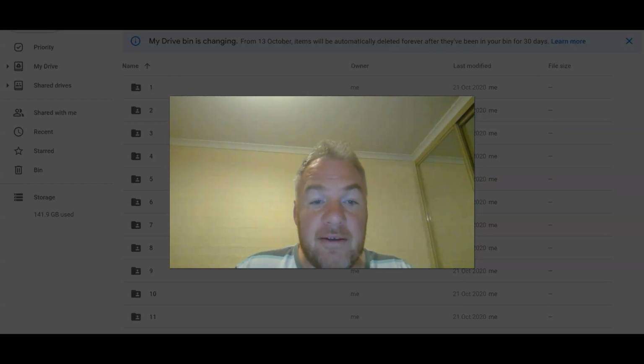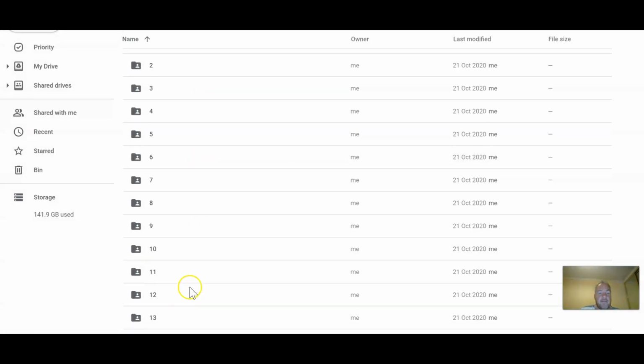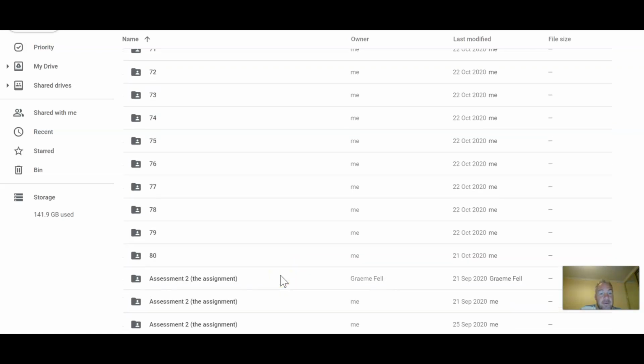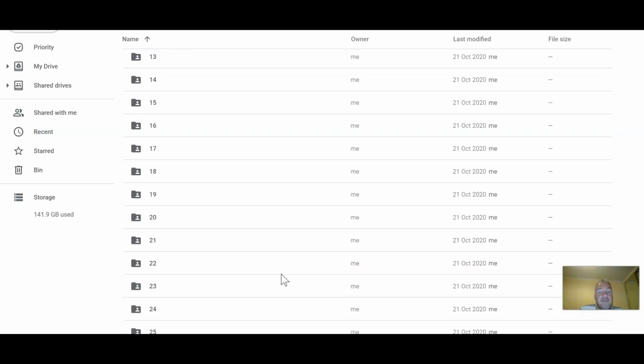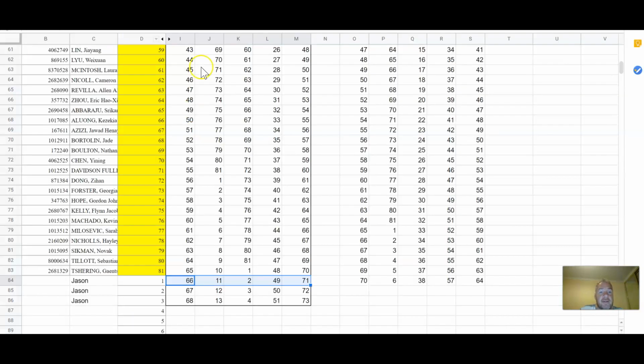The background of this is the folders. This contains everybody's assignment, so 1 to 80 people in the course. You find which ones you are supposed to mark by the spreadsheet that's attached. My name is Jason, and these are the first set of 5 assignments I've got to do, and this is the second set of 5.